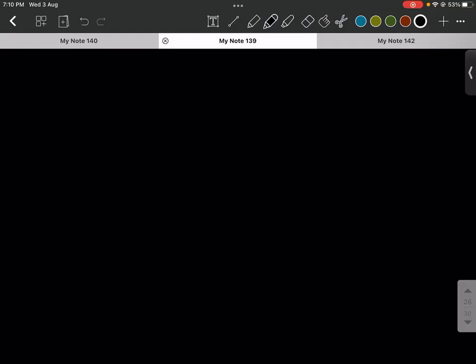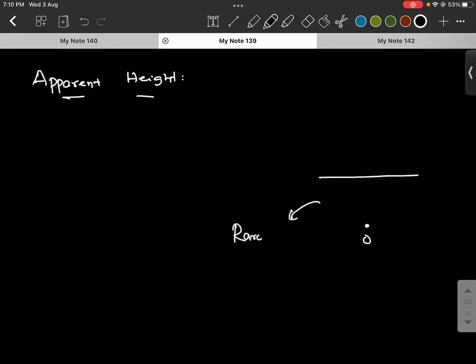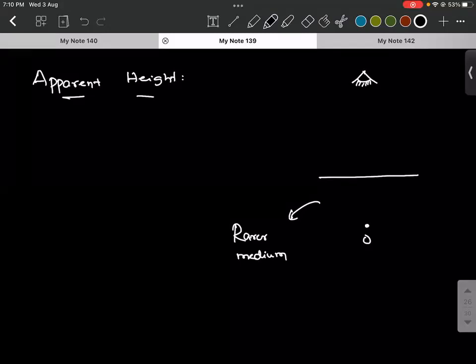Suppose I have a scenario where there is an object kept in the rarer medium. And your eye is in the denser medium.